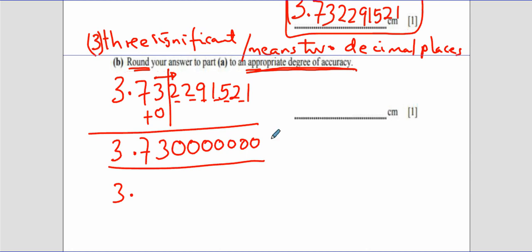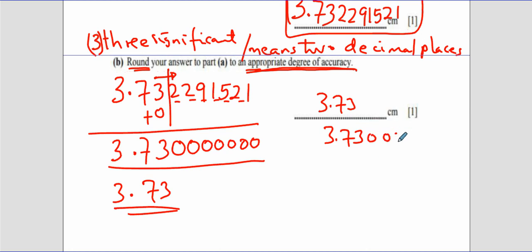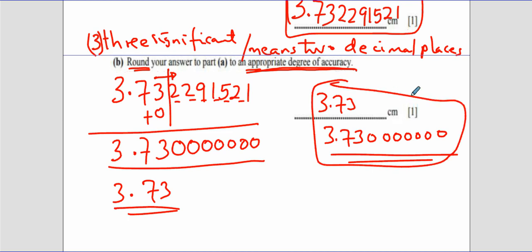You can cancel that and remain with 3.73. So you can either put 3.73 to 3 significant figures, or to 2 decimal places, still the same answer. Either way, I think you know the theory about significant figures.